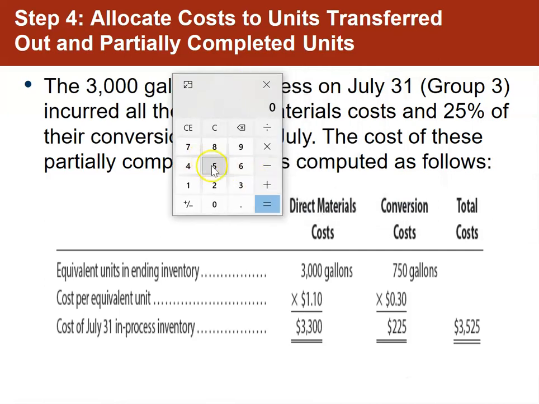So 3,000 times 25% gives us 750 equivalent units in ending inventory as to conversion cost. Multiplying that by our 30 cents per equivalent unit, we come up with 225. We add the 3,300 and the 225, and there it is, our 35.25.